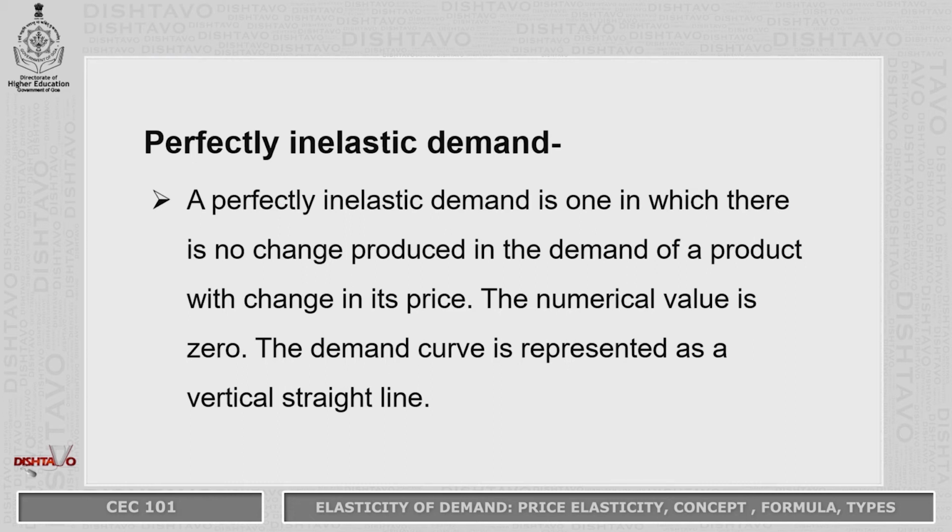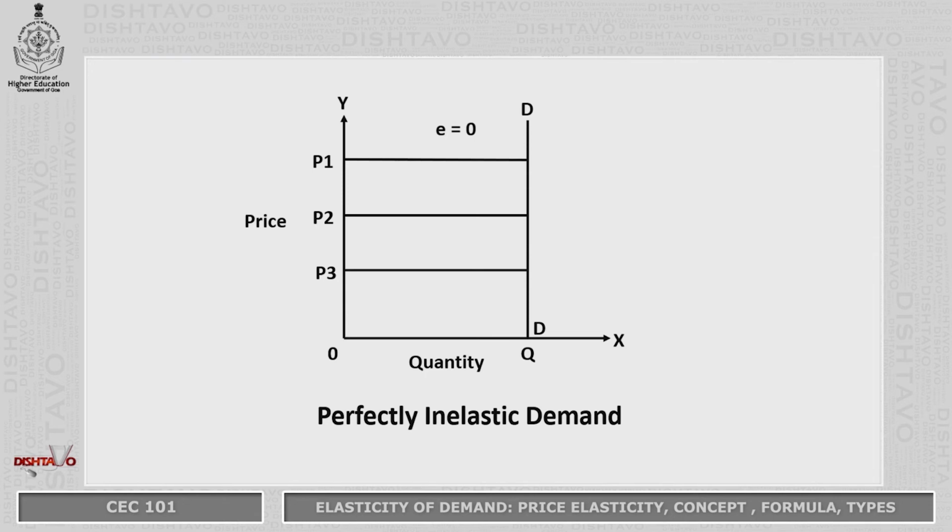So, the numerical value of elasticity is equal to 0, and the demand curve is represented as a vertical straight line parallel to the OY axis. Whether the price is P1, P2, P3 etc., the demand remains constant at OQ.